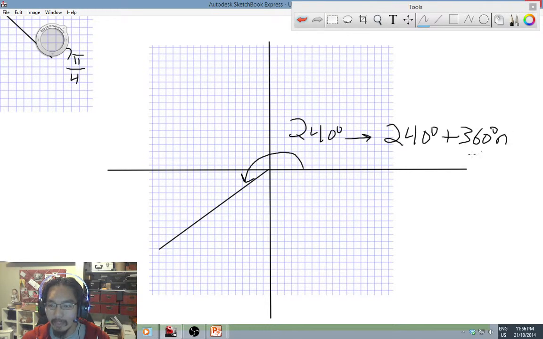That's it, we're done. Again, n can be any integer, because if n is a negative integer, then you just move backwards.